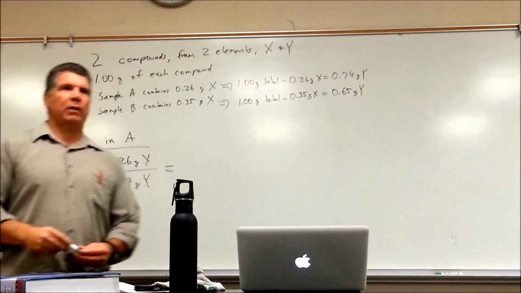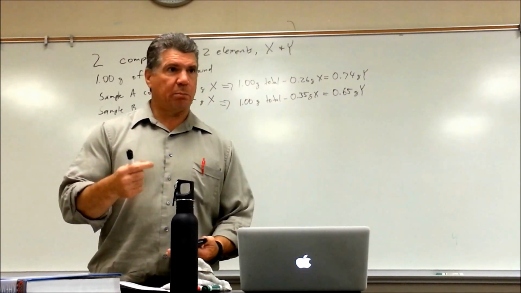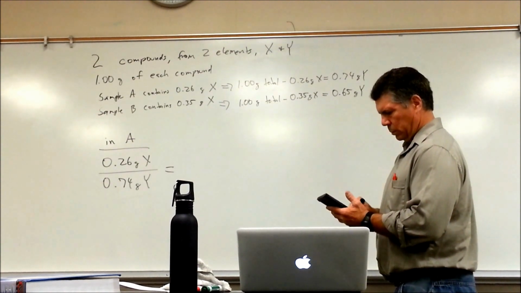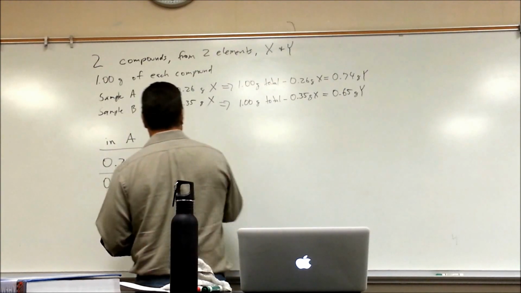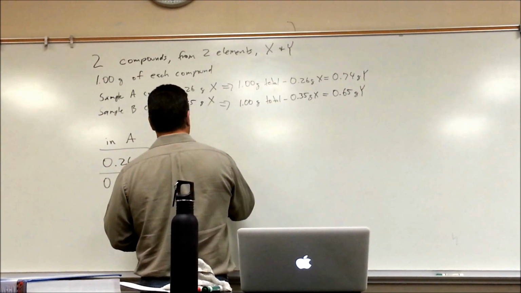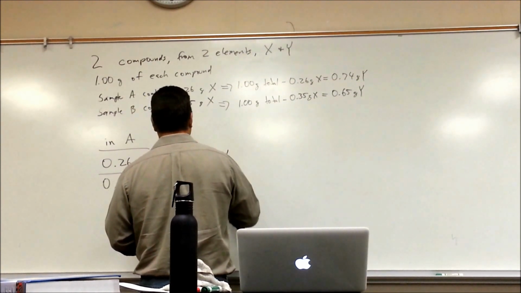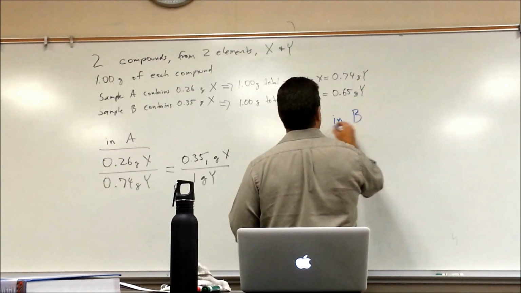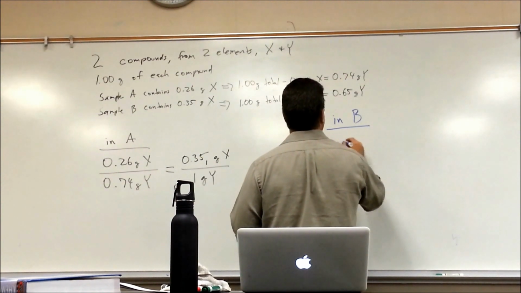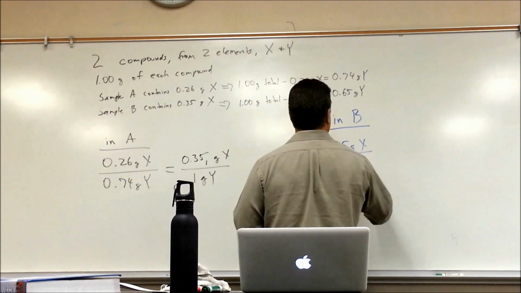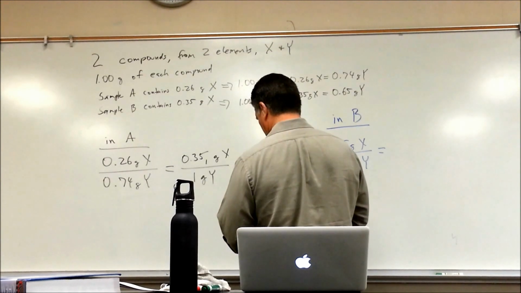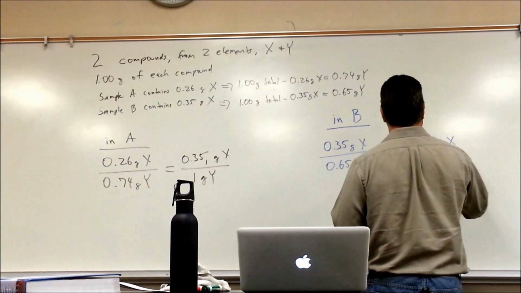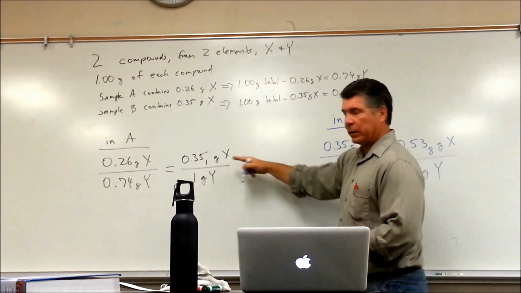So all we do is we take the grams of X, divide by the grams of Y in each compound, and that'll give us how many grams of X per 1 gram of Y in both compounds. This is in A, this is in B.